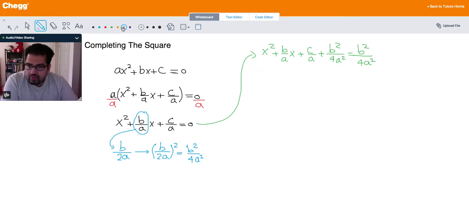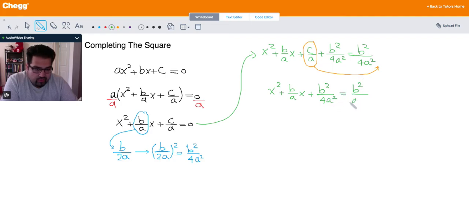Now I'm going to move this constant c over a to the right side. So I would have x squared plus b over a x plus b squared over 4a squared equal to b squared over 4a squared minus c over a.